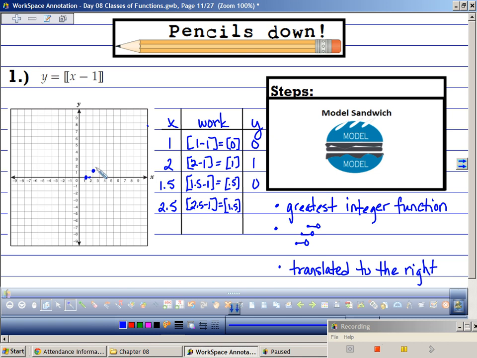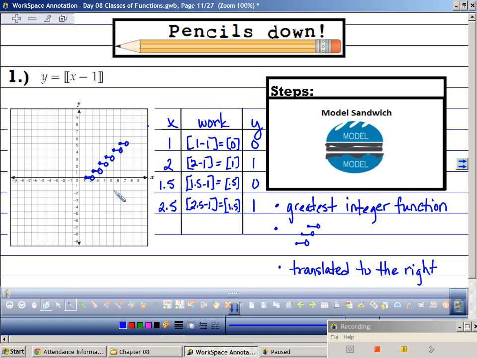Did 1.5 make it? So it falls down to 1. So that's why this goes continuously and then stops with an open circle here, and continuously and stops with an open circle, and continuously just like this. You only have to do a couple of them to see the behavior of it, and then you just keep going because it'll be constant that way. Got it?